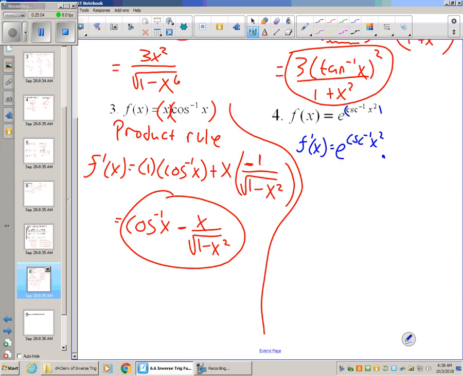So the derivative of cosecant inverse of x squared. All right, well, we know what the derivative of cosecant inverse is from our chart. Okay, it's a cofunction, so it's negative 1 over. Now, it says in the chart u squared times the square root of u squared minus 1. Okay, well, our u value here is x squared.